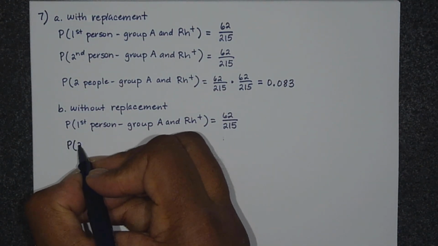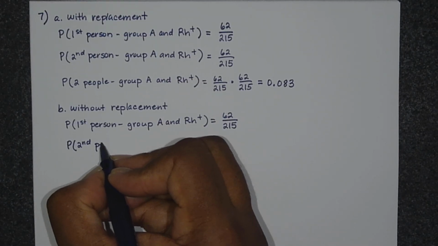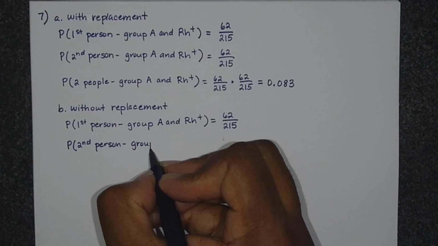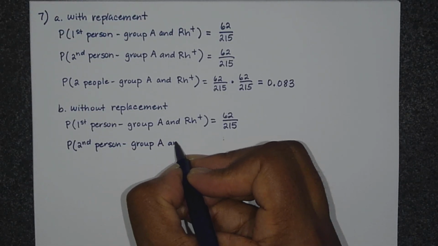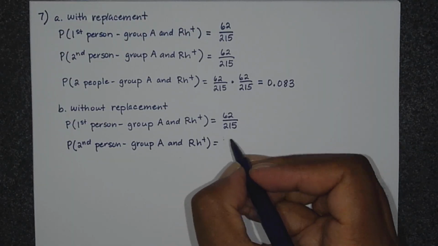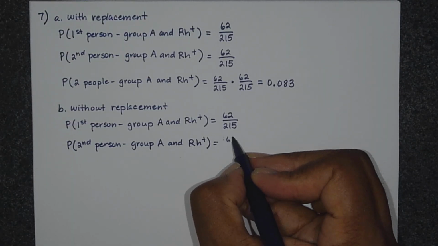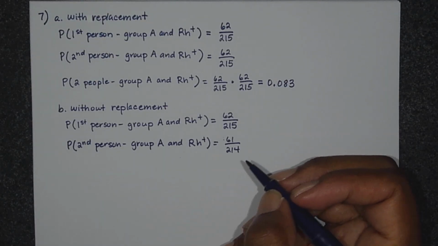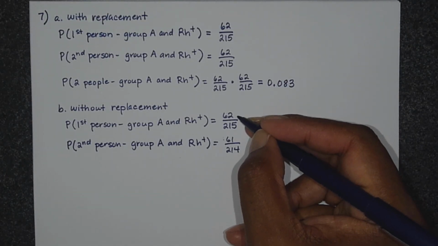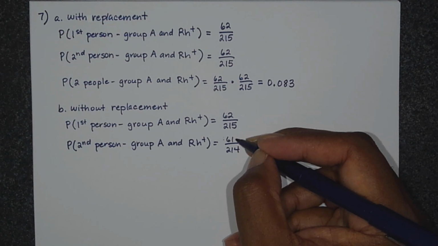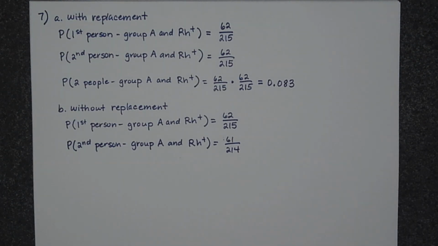Now without replacement, the probability of selecting the second person from group A and type RH plus is going to be what? 61 over 214. Because when that first person is not put back in, the numerator and the denominator decrease by 1. So instead of 62, I have 61, and instead of 215, I now have 214 to choose from.